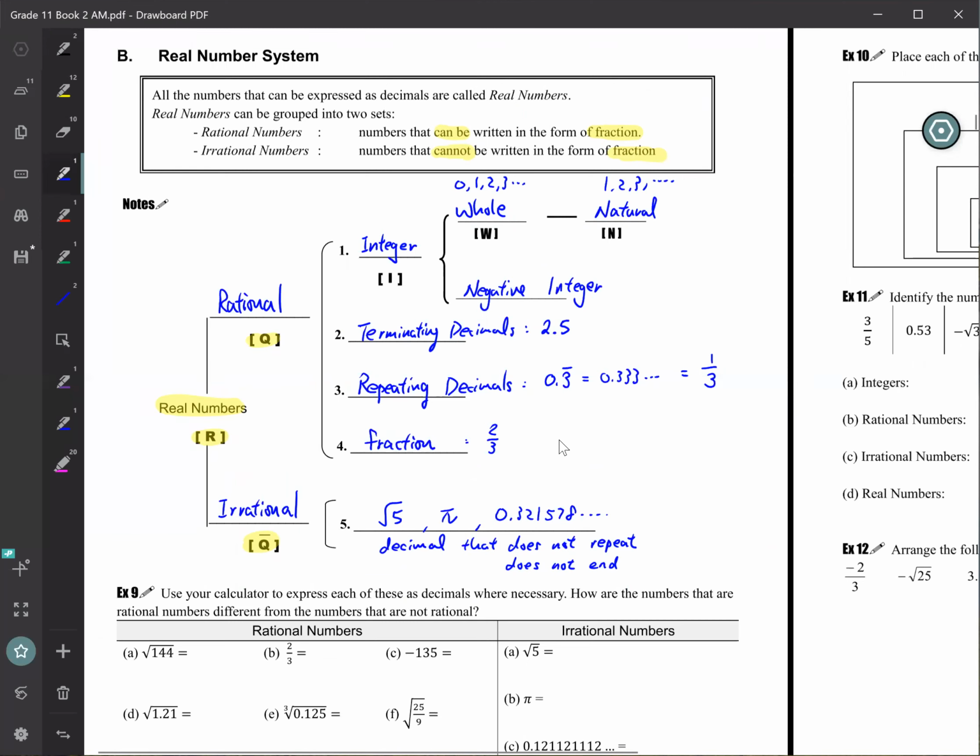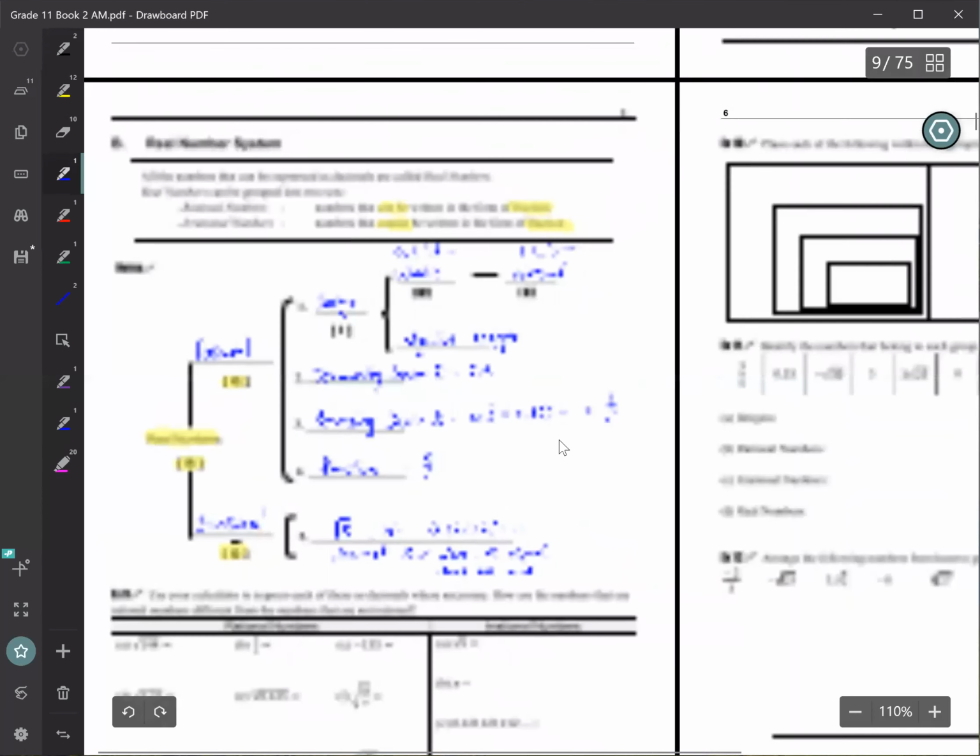Okay, good. So basically it covers the basics of this chapter.